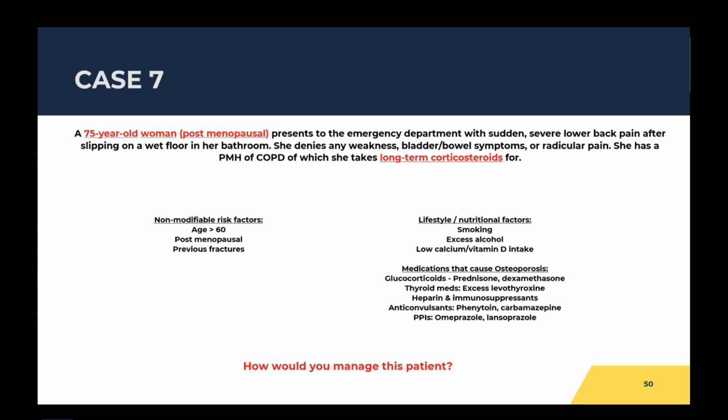Thyroid medications, so excess levothyroxine is also known to cause osteoporosis. Heparin and immunosuppressants, anticonvulsants such as phenytoin and carbamazepine, and also PPIs. So those who are on long-term PPIs, omeprazole, lansoprazole, that can also be a risk factor for osteoporosis.